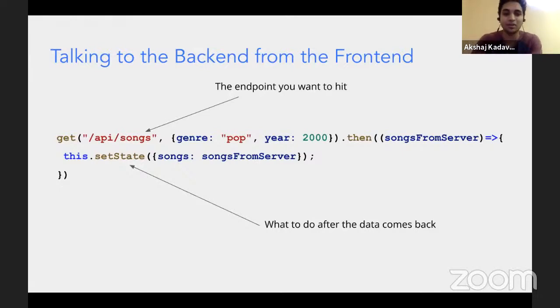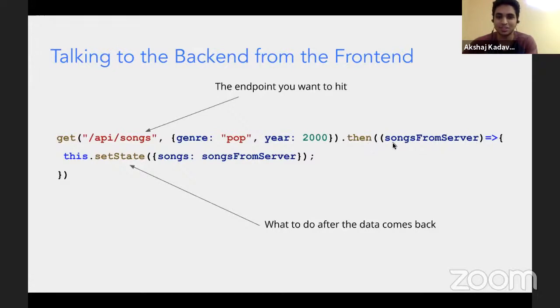So this is an example of a get request. You have your endpoint right here. I don't know if you can see my mouse, but this thingy right here. And then you have your parameters, the things you pass into the get request. And then this whole chunk goes and talks to the server and comes back with a response, maybe all the songs from the server.